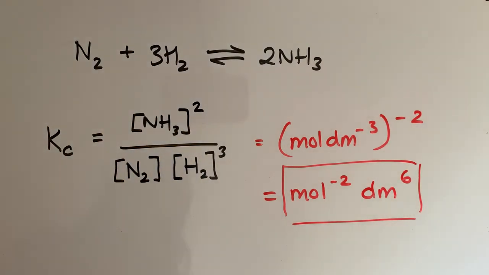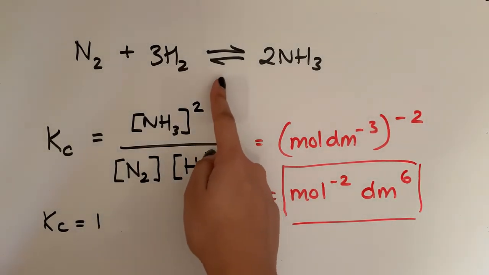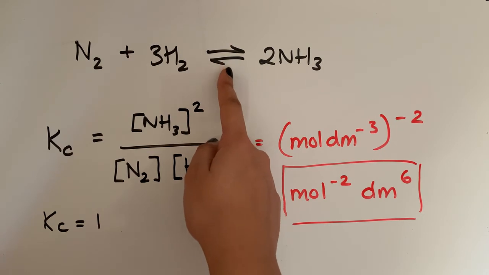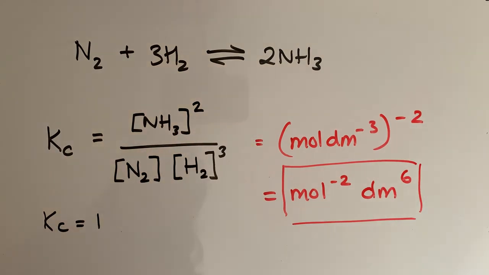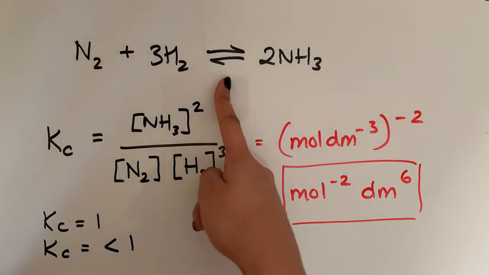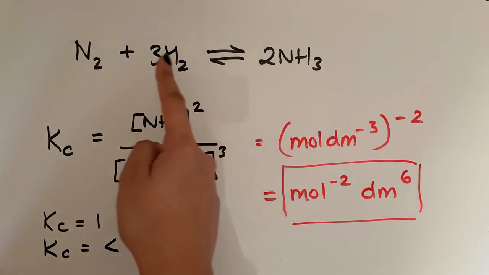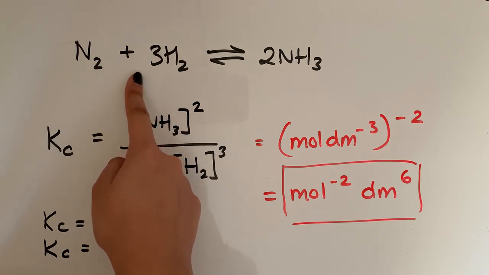If you have a Kc value that is exactly 1, that tells you that the position of equilibrium is right in the middle. If we have a Kc value that is smaller than 1, that tells us that the position of equilibrium lies towards the reactants.